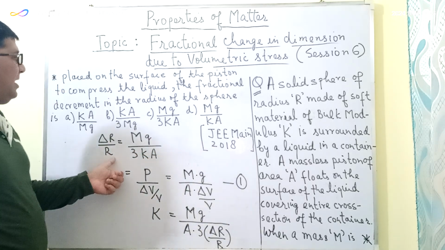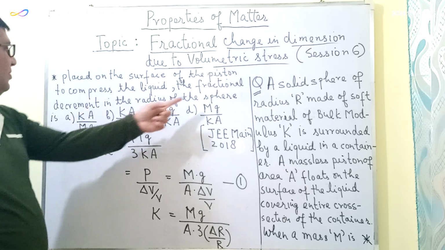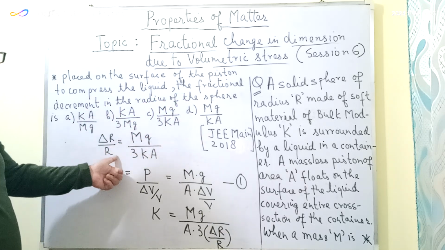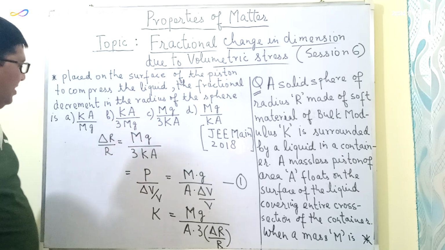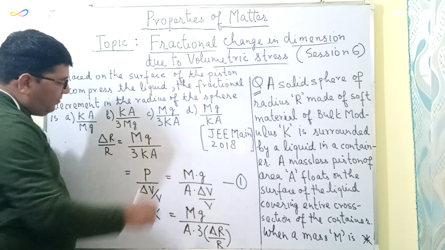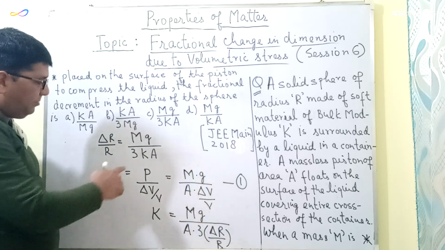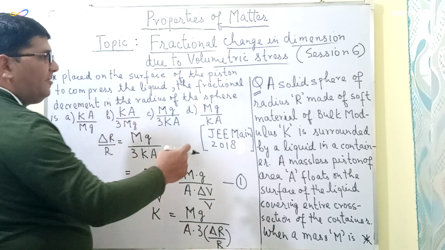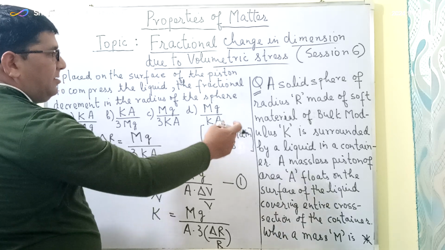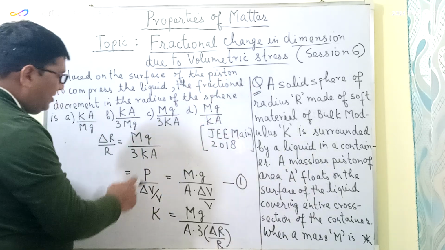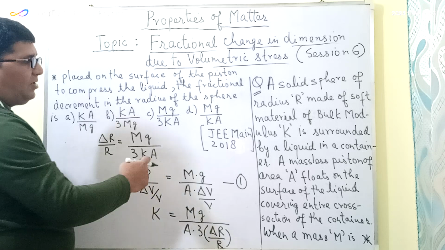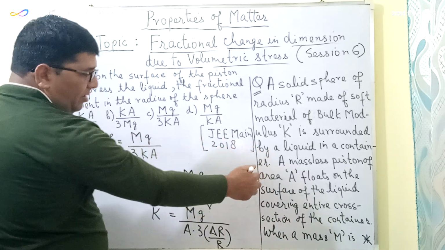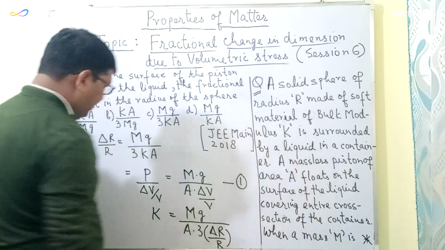Now here delta R upon R is what? It is the fractional decrease or the fractional decrement in the radius of the sphere. So delta R upon R, which is the fractional decrement in the radius of the sphere, is equal to m into g divided by 3 KA, where K is the bulk modulus of this solid sphere, and A is the cross sectional area of this massless piston.